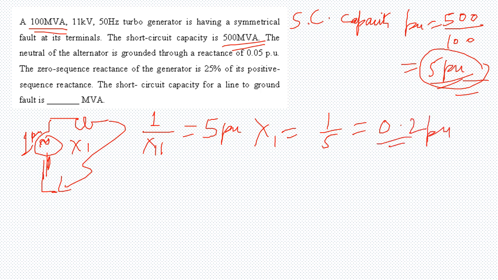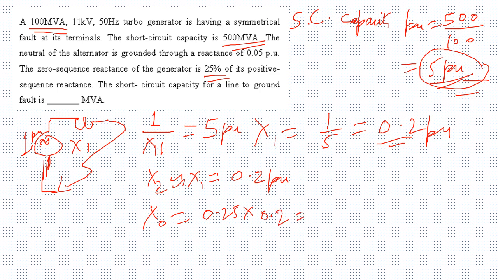Now let us say that our x2, that is the negative sequence, is nearly equal to x1, because no data is given about it, so that is equal to 0.2 per unit. Now we are left only with x0, the zero sequence, and here he says that the zero sequence is 25% of the positive sequence, so it is 0.25 of 0.2.